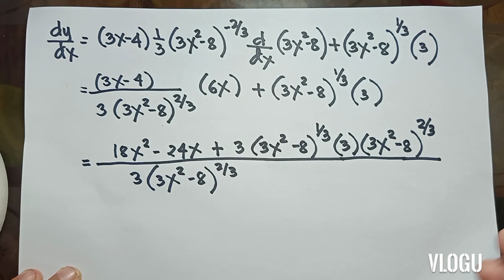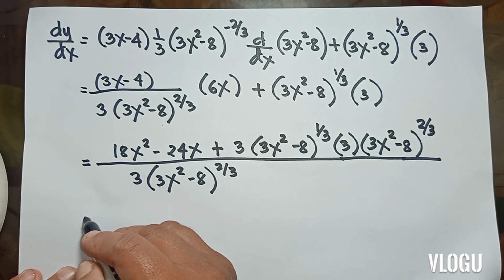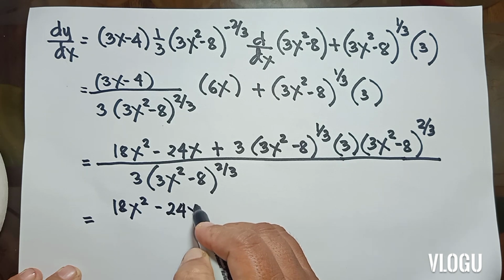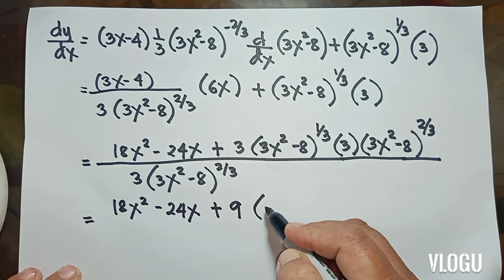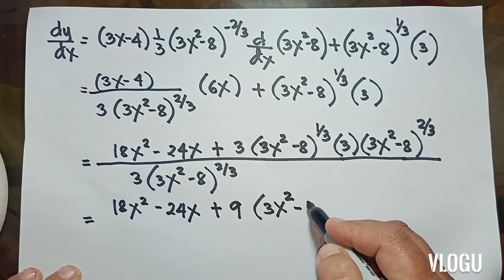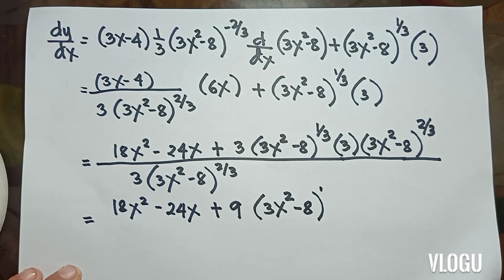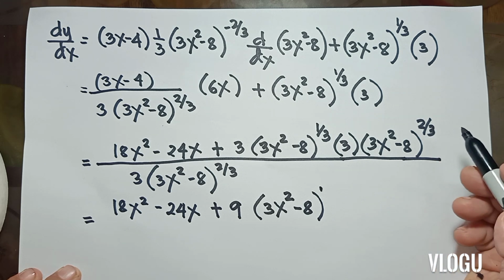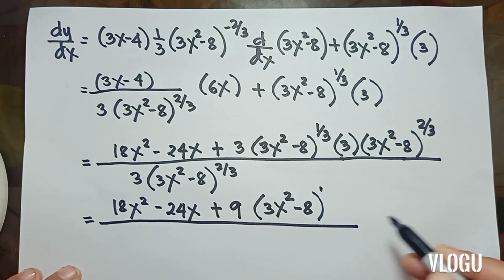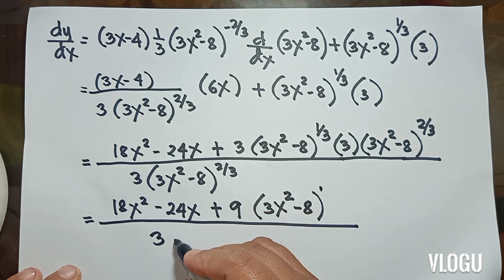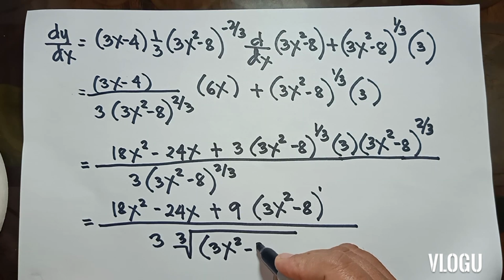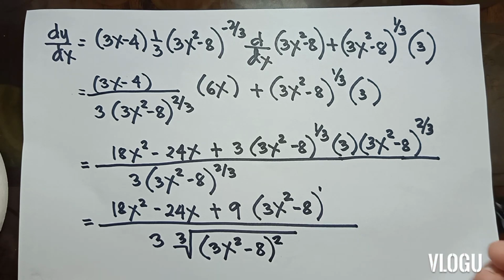So, therefore, that would become 18x squared minus 24x plus 9 times 3x squared minus 8 raised to 1, because 1/3 plus 2/3 is 3 over 3, or equivalent to 1. That is over 3 times the cube root of 3x squared minus 8, squared.